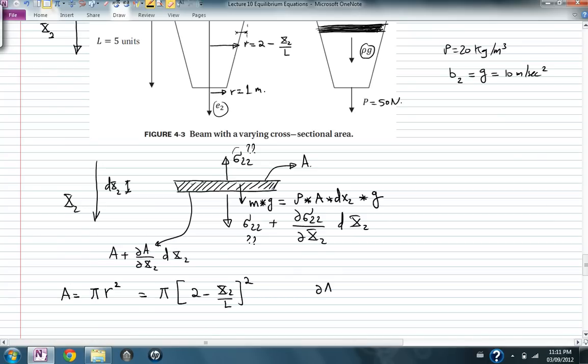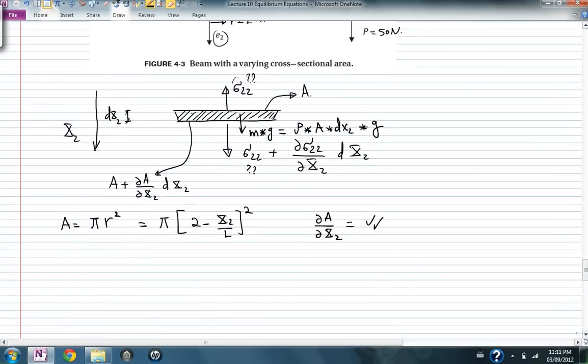And partial A by partial x2, because I need it in this equation, I can calculate it, but I'm just going to leave it as partial A by partial x2 because it will be easier for me when I write the equation.